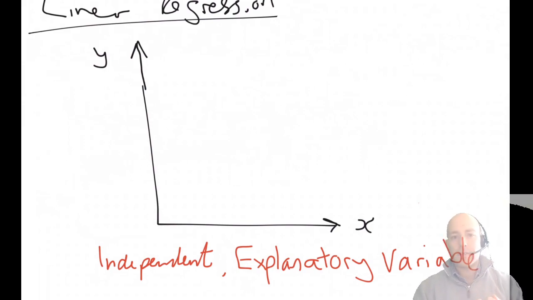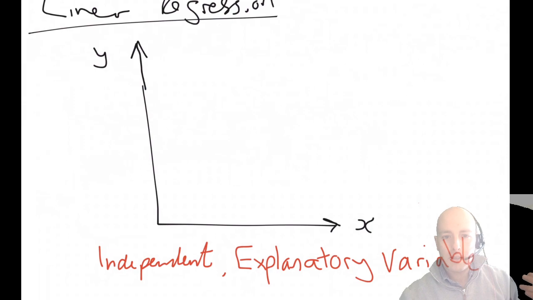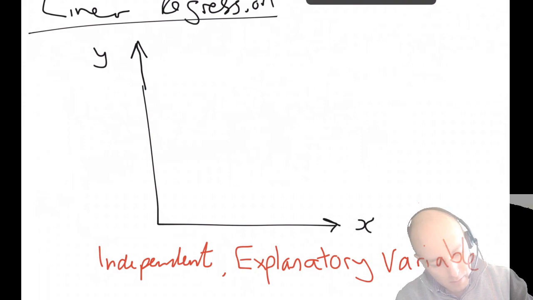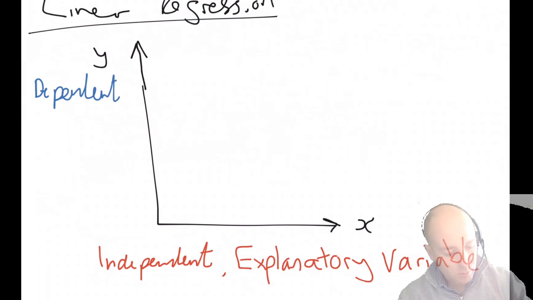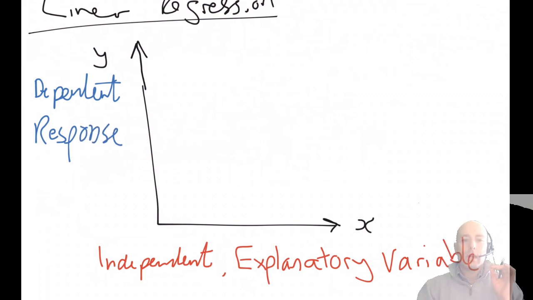And this is why in maths we care a lot more about what x does. X is the thing we always try and solve for. It's the thing we try and integrate, the thing we try and differentiate. X is the thing we're always studying, and that's because it's the independent explanatory variable. On the y-axis, we have the dependent variable, which we sometimes call the response variable, because it responds to x.